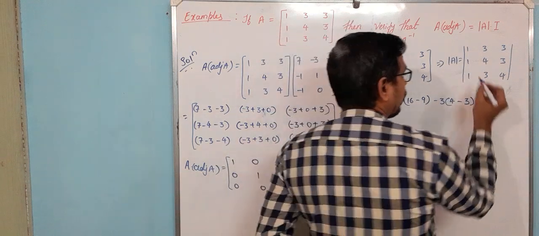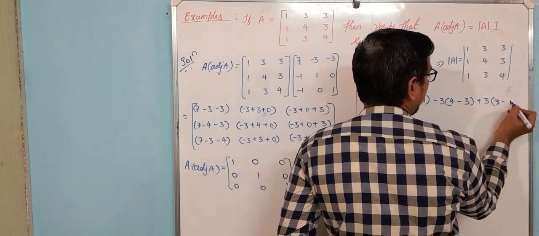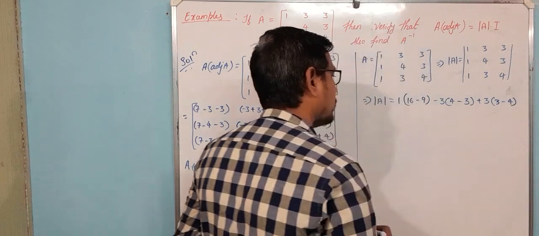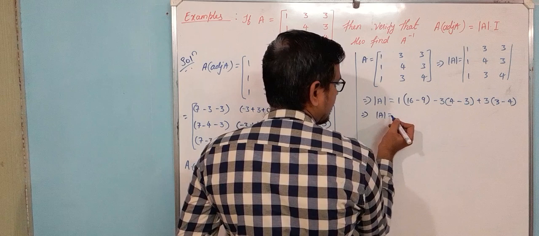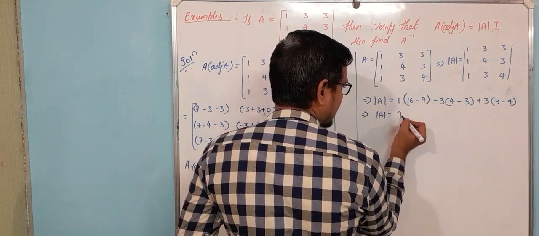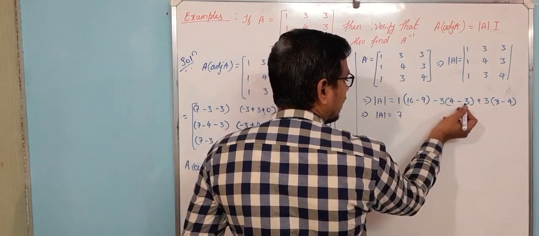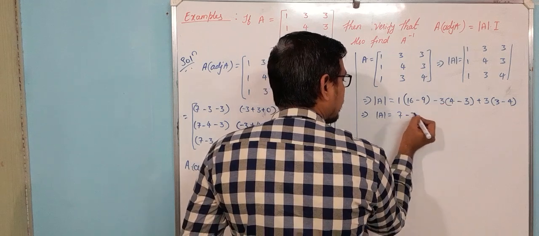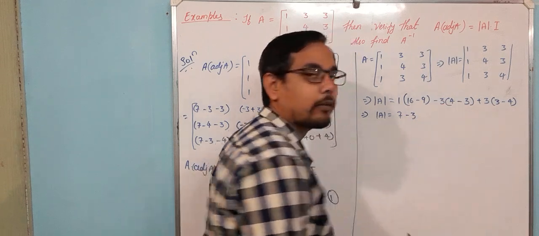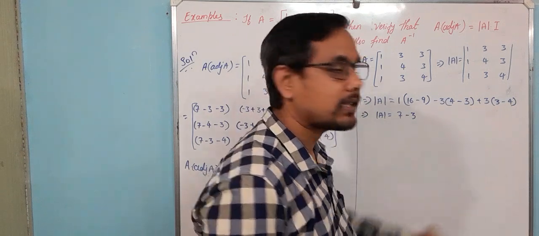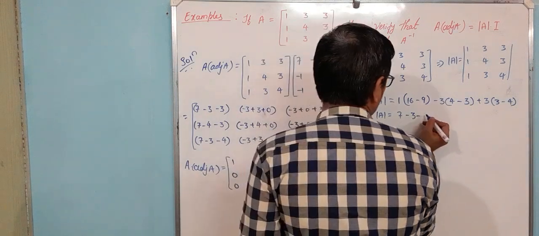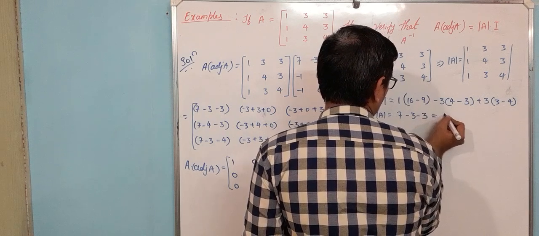So 1 into 3 is 3, minus 1 into 4 is 4. So determinant A is 16 minus 9, 7, 4 minus 3 is 1. 1 into minus 3, 3 minus 4 is minus 1, minus 1 into 3 is minus 3. So this is equal to 1.